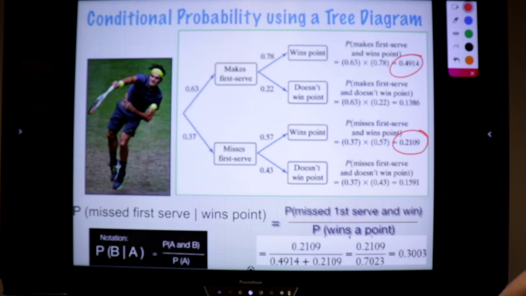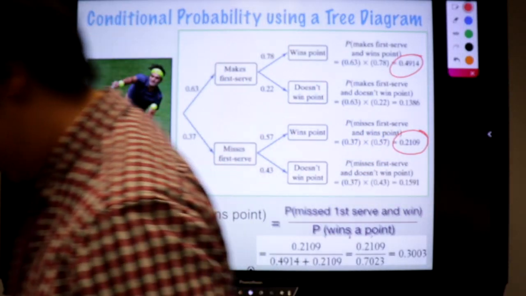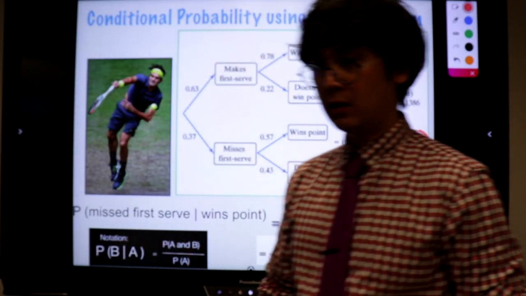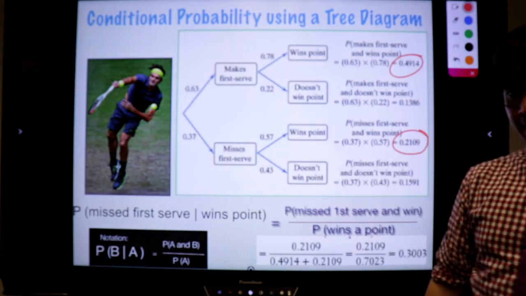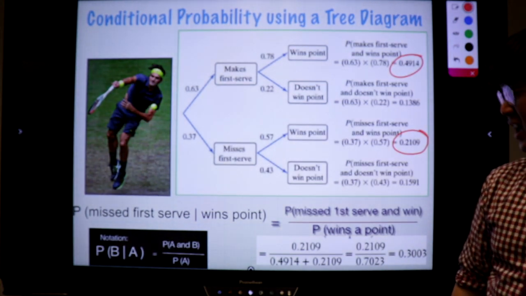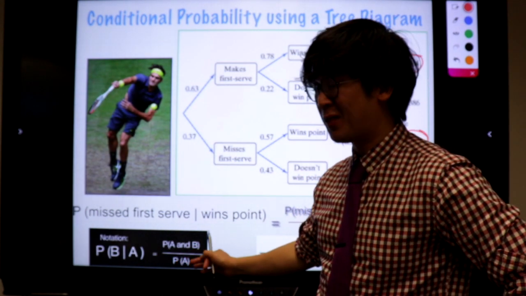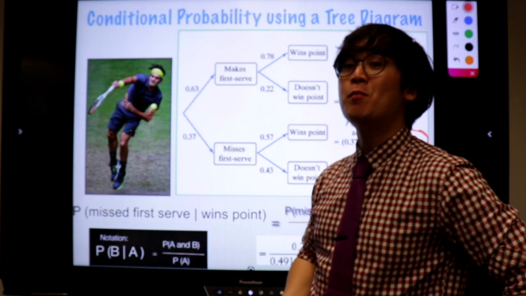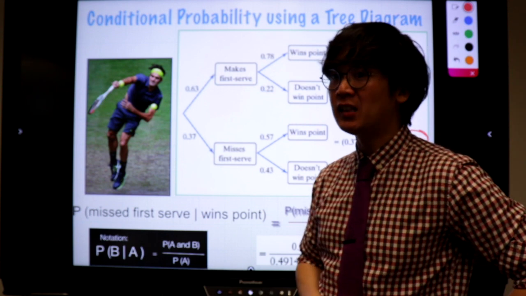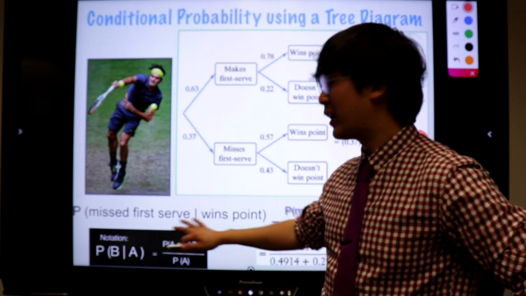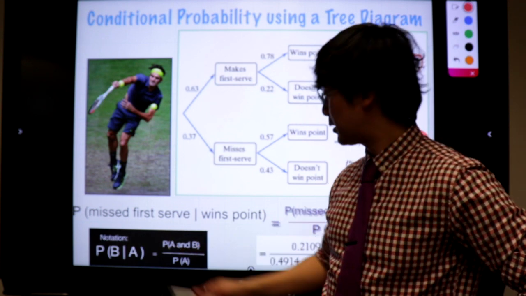Is that right? Question. Is that formula right? Shouldn't that be the bottom? This is the mathematical formula for conditional probability, which for most students is Chinese. But if you can understand it, it makes sense, right?